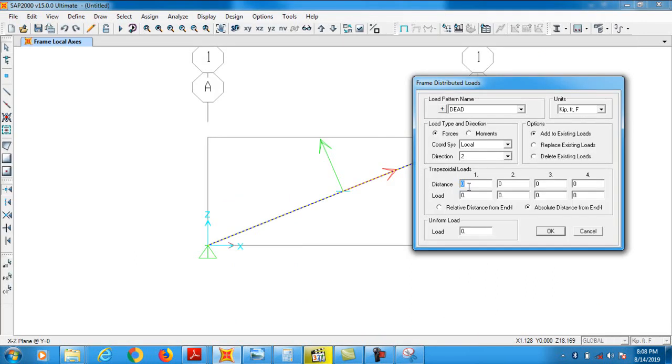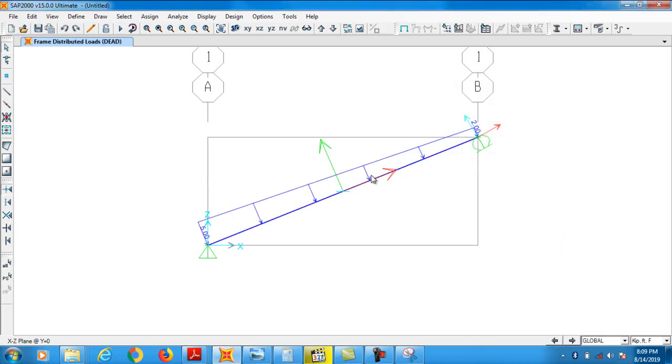So at a distance of 0 make sure you insert the value as -5. Negative, because I am selecting the 2 axis, which is acting away from the beam, that is upward, not toward the downward direction. So I will insert a negative sign. At 26 feet the intensity is -2. Clear? So this is the kind of assumption, selection, and absolute distances involved.